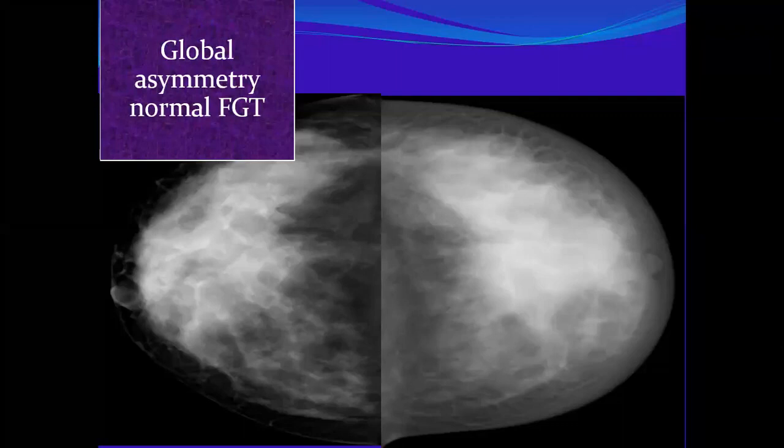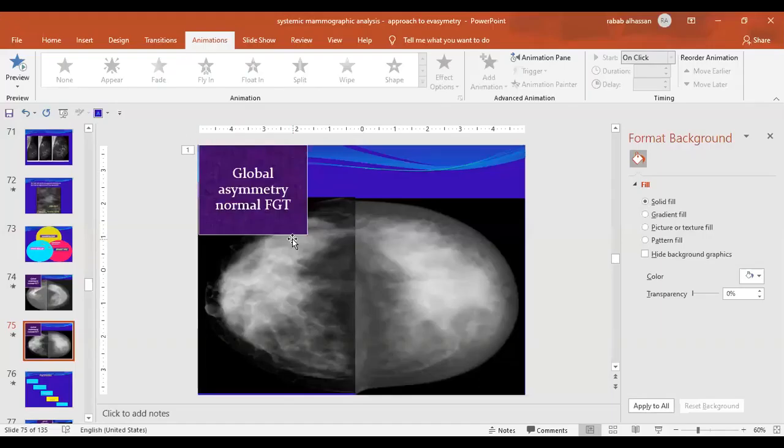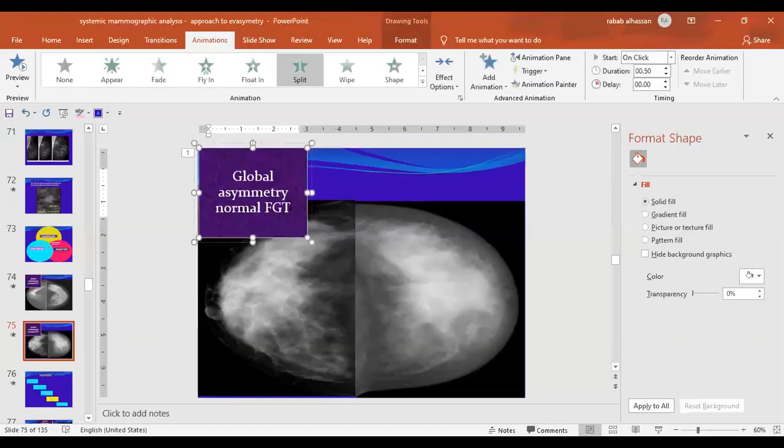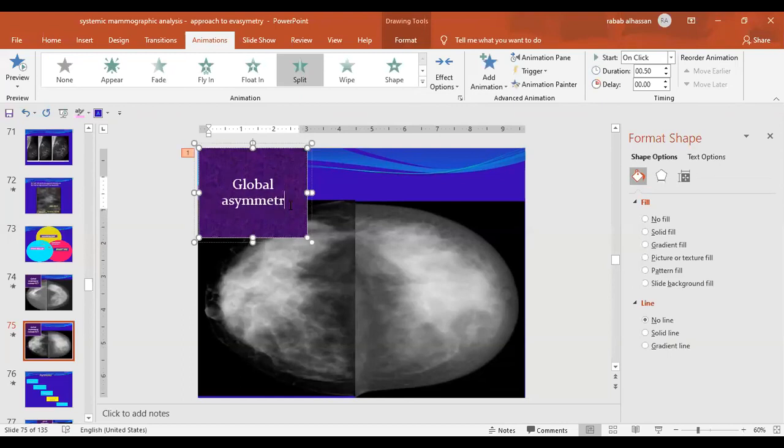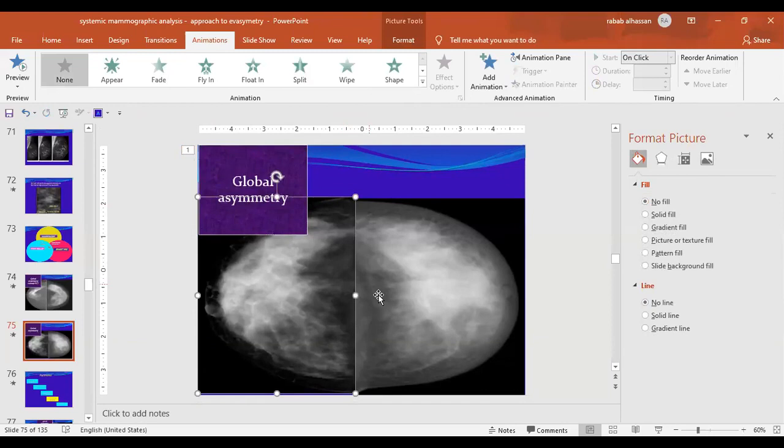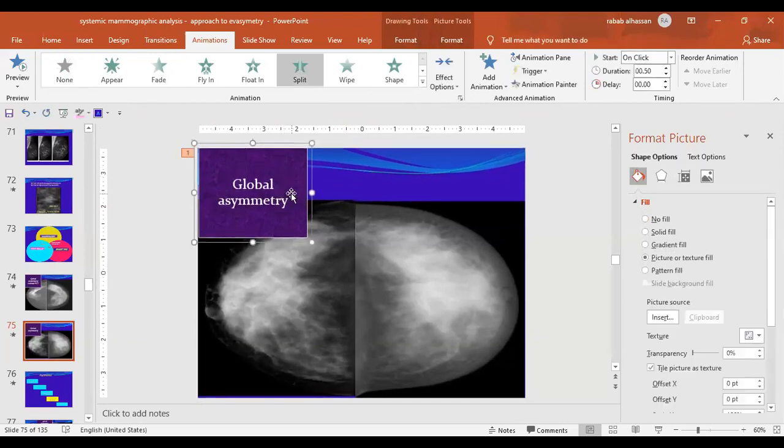Yes. Sorry, it came as normal by mistake. It is global asymmetry only, and it was a cancer. Yes. In a case of malignancy. This is my patient.